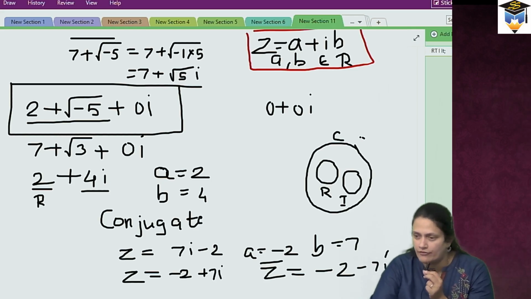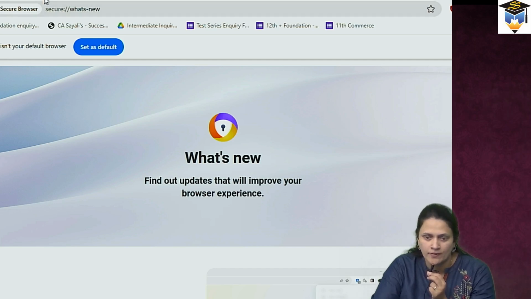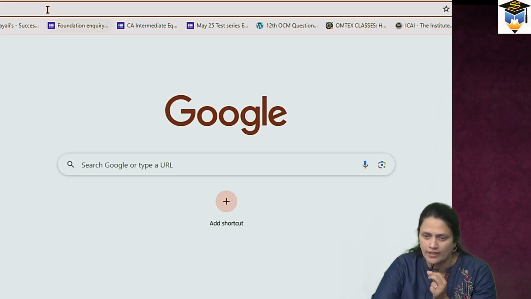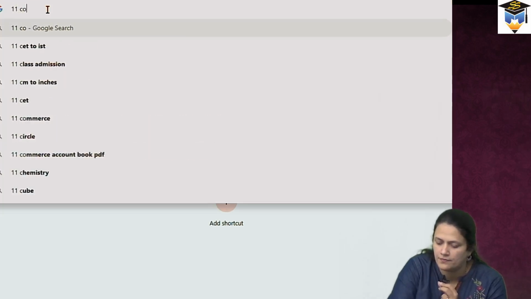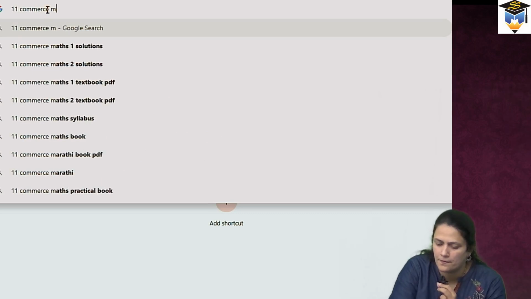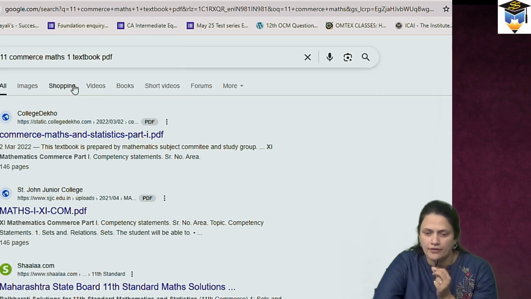Wait, let me check if I am able to open the textbook part here. Just give me a minute so that if the textbook is available, I think the PDF is there.